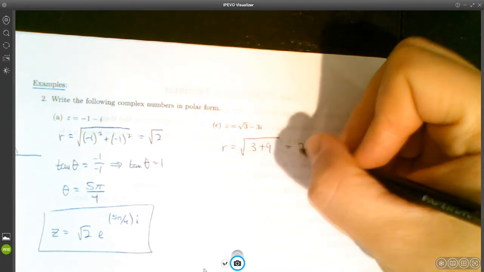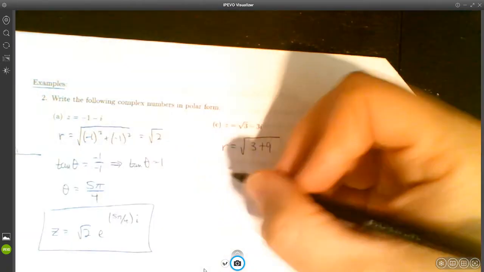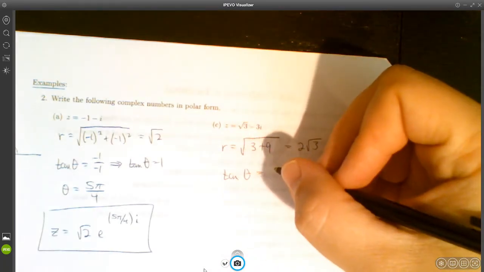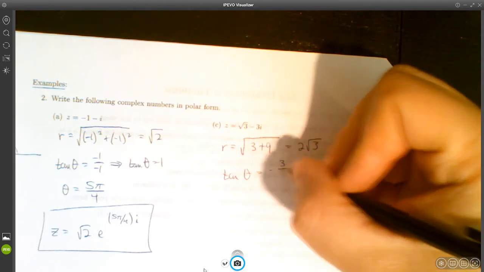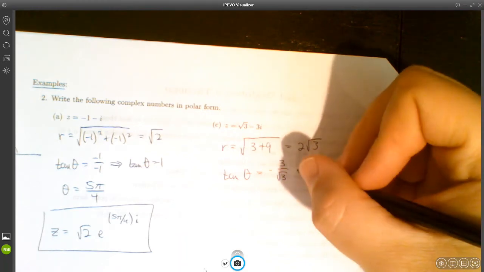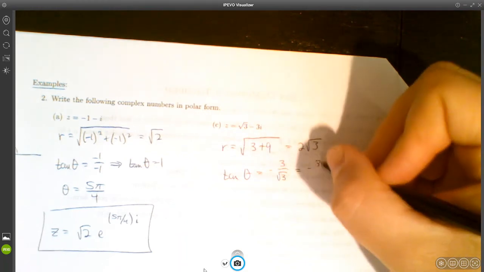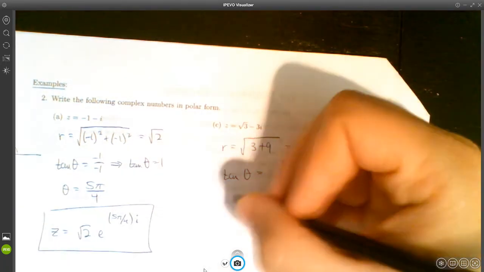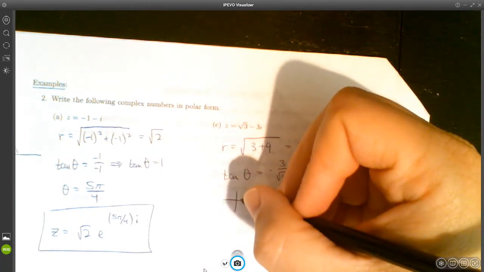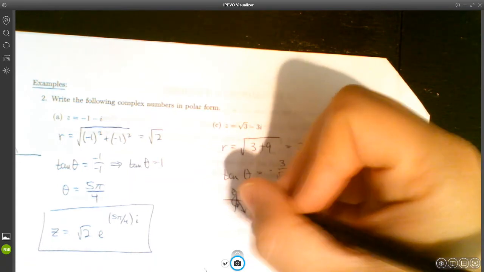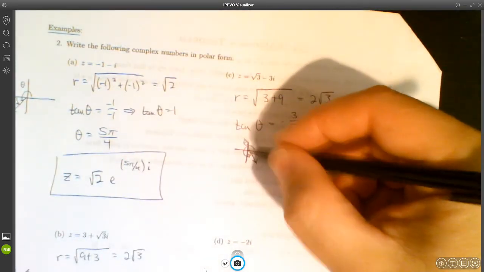So again, with the 2 root 3 business, right? Theta is in quadrant 4 this time, right? Root 3 minus 3 would put you in quadrant 4.